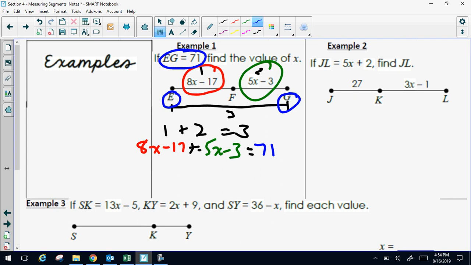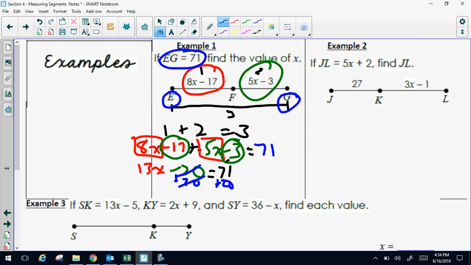So now it's just an equation. Let's go ahead and solve it. Again, we're going to combine our like terms. 8x plus 5x, which are on the same side, will give me 13x. Negative 17 minus 3 gives me negative 20. And that's going to equal 71. I'm going to add 20 to both sides.